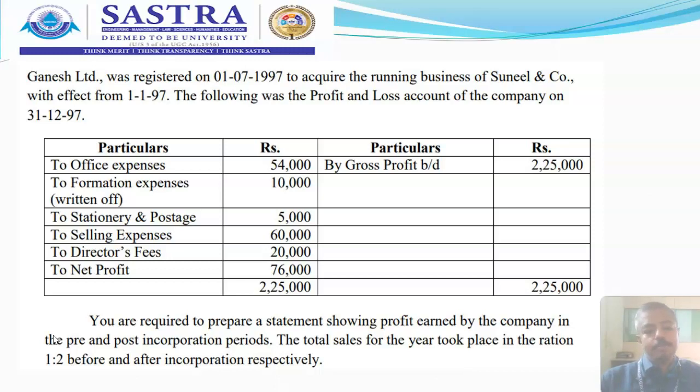If it were a newly started business in this particular accounting period, then we would take the date of business starting till the date of registration, and then after the registration till the end of the accounting period, and consider that for calculating the time ratio. But here it is a running business, so we can take the date from the 1st of January as its account starts on this particular date.